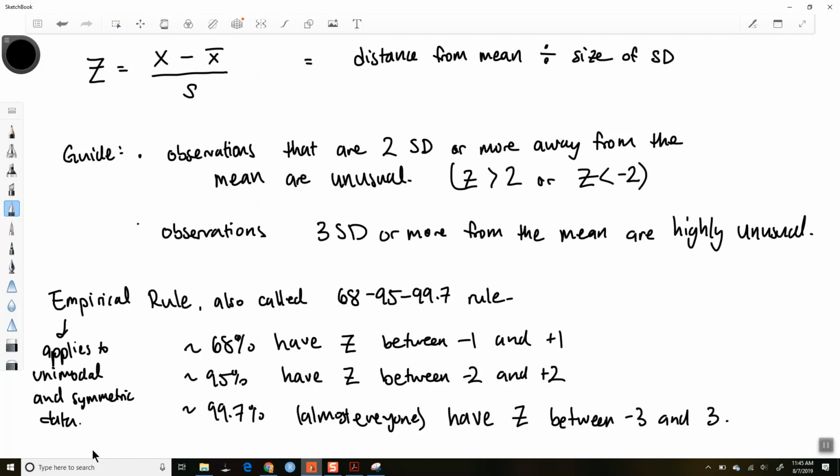Okay, so if you have a z greater than 2 or less than -2, then that's considered unusual. Only around 5% of the population are that extreme. And then z's above 3 or -3 are highly unusual, as only about 3 in 1,000 are outside of that range.